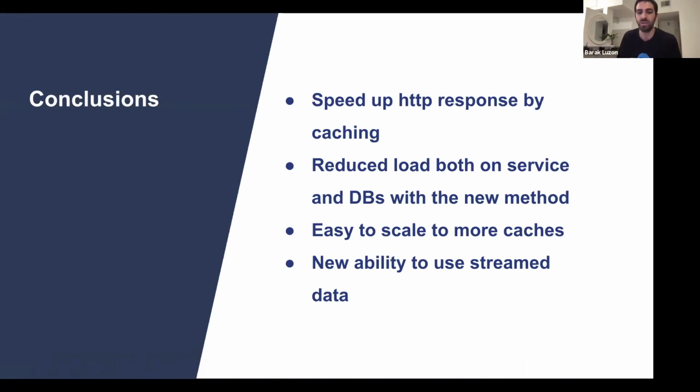And this solution is very easy to scale to more caches or even more services, because again, you're using Kafka, and that's very easy to just add another consumer. And a thing that actually jumped from it is a new ability to use the stream data. We haven't had that ability before, and there are services now that are using that form of stream data, not on production applications, on some of them on the backend stuff.